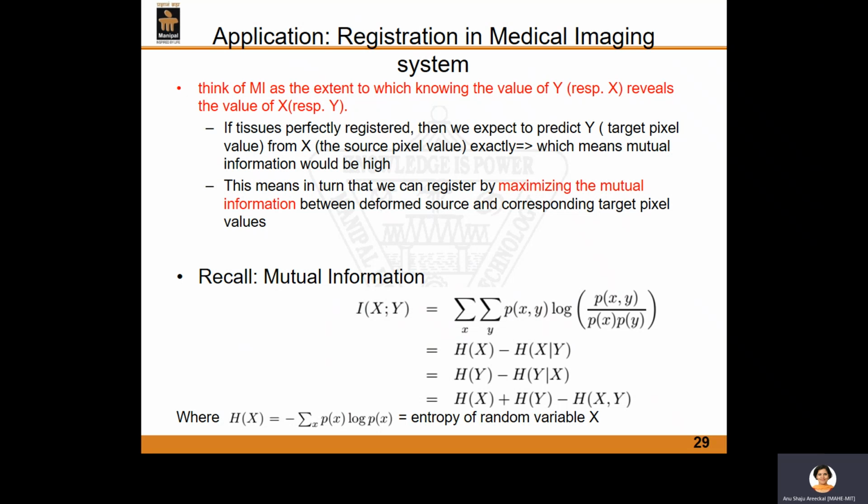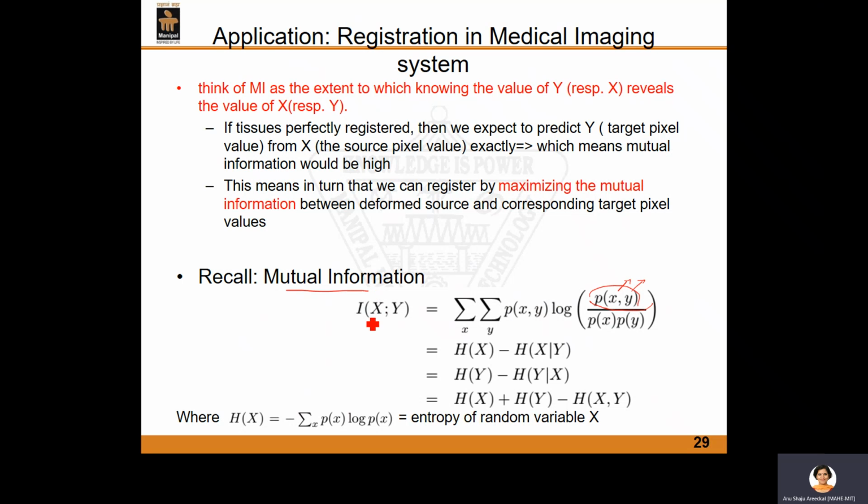So let's now have a look at the mathematical formulation of the mutual information. The joint histogram which we were discussing is basically this one, that is P of xy represents the joint probability of the two images. This stands for image x and this is for image y, and this is the joint probability of the two images.